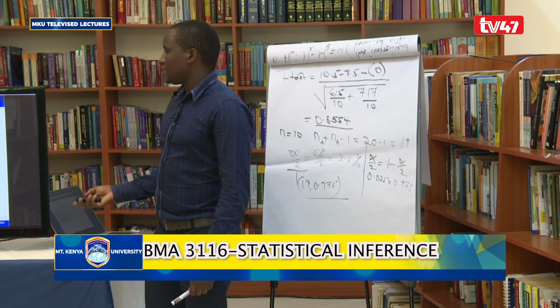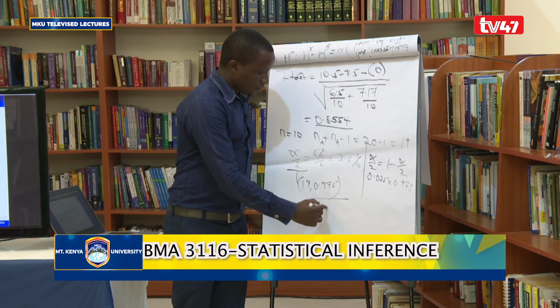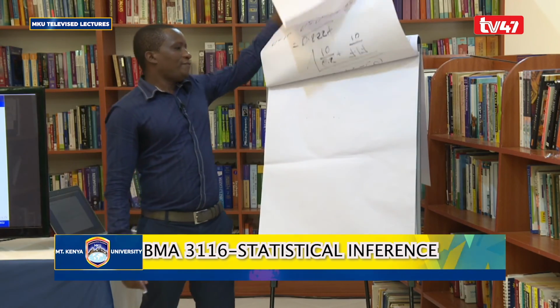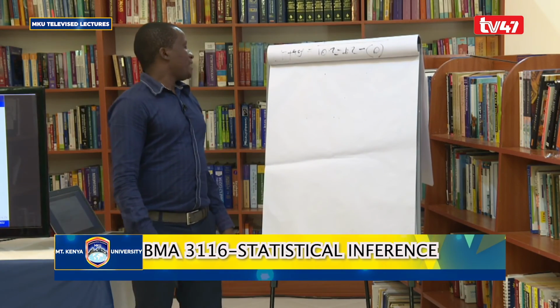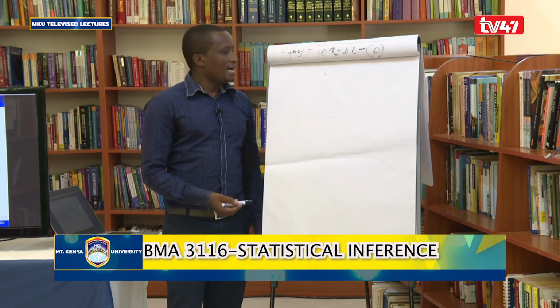The value tabulated from the student's T distribution is 2.093, and therefore we go to the final step where we make a conclusion to either accept or reject the null hypothesis.